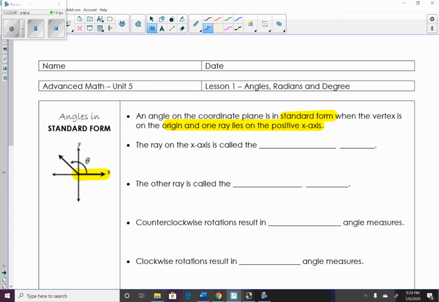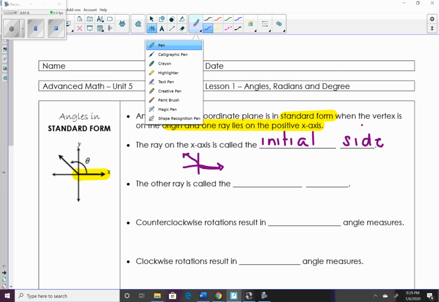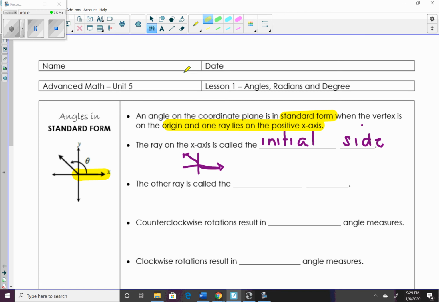The ray on the x-axis is called the initial side. Okay, and that would be, if I draw that out, this one right here. That's your initial side.